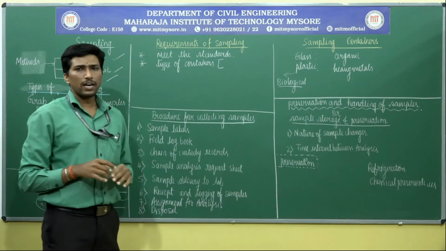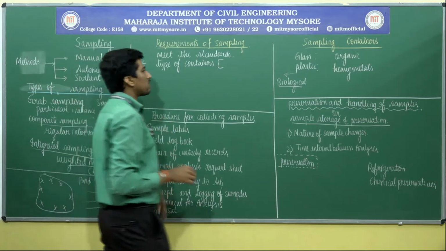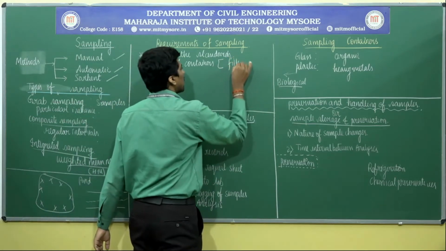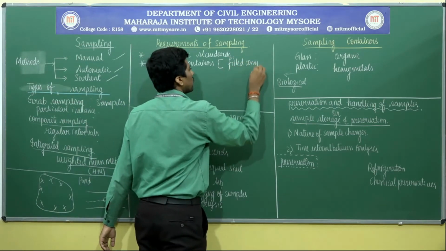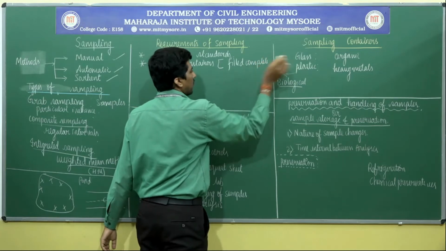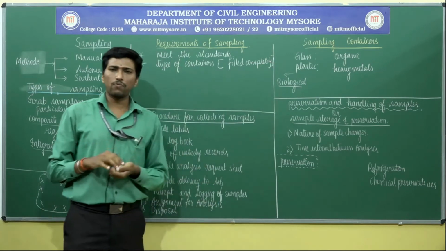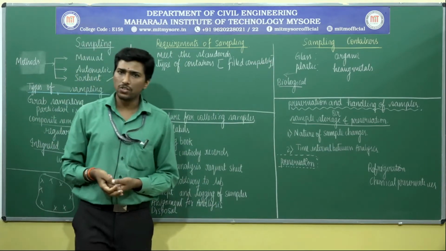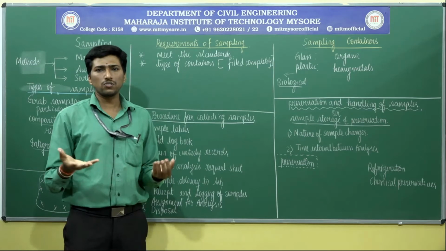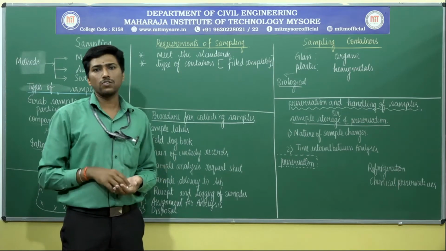So in the type of containers, always make sure that it is filled completely, because if it is half filled, it leads to oxygen, so oxidation or reduction reactions take place. So there is a chance of giving erroneous results.